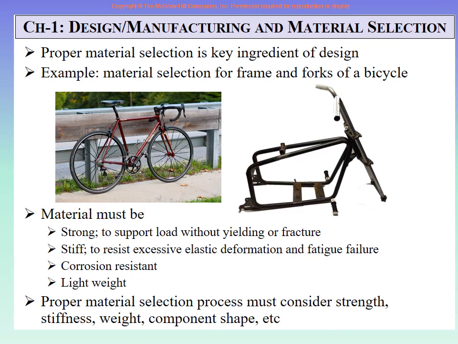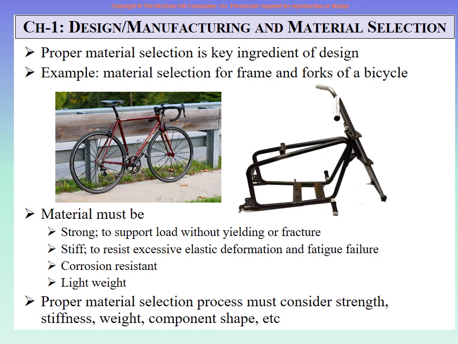The material must be strong, stiff, corrosion resistant and lightweight. Why? It should be strong to support the load without yielding or fracture of the structure. It should be stiff. Its Young's modulus or stiffness should be high to resist excessive elastic deformation.